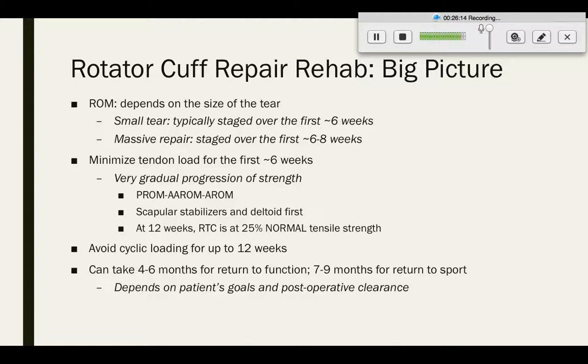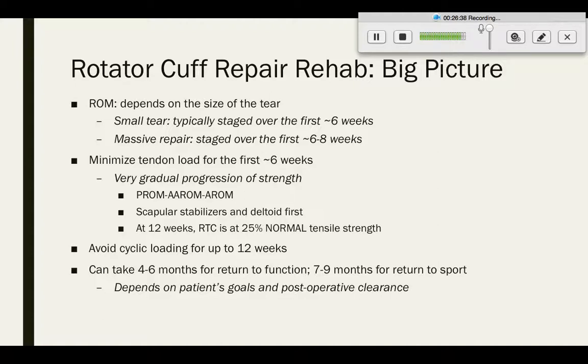The goal is to minimize tendon load for that first 6 weeks. So we're going to very gradually and systematically progress our strengthening. We want to think about passive range of motion versus active assistive range of motion and active range of motion, and what type of contractile structures we are utilizing during our progressions.